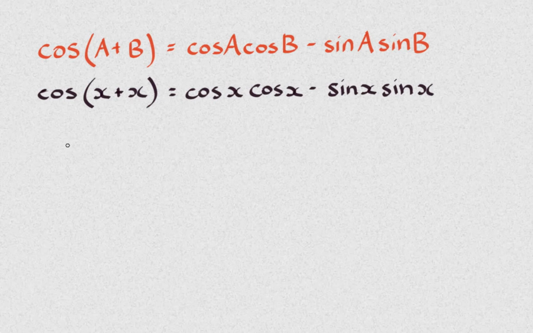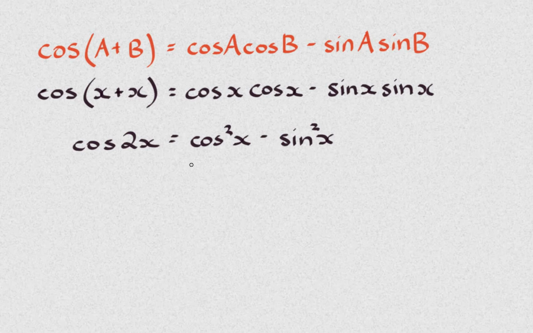Now x plus x, that's just 2x. And so we get cos 2x is equal to cos x multiplied by itself is cos x squared, and the same with sin x multiplied by itself. And so we get this double angle formula for cos.